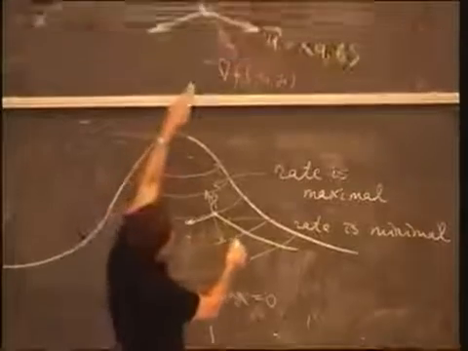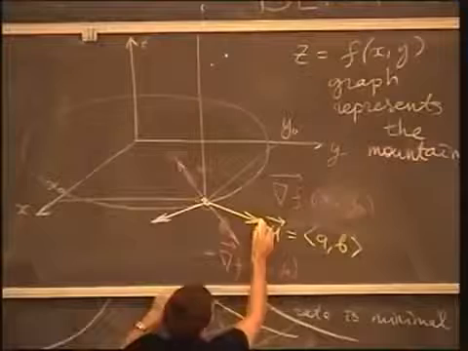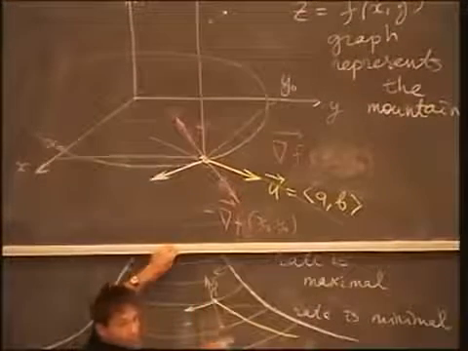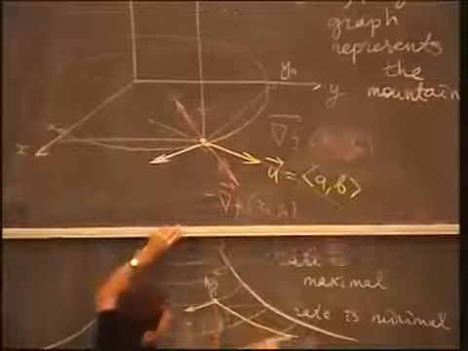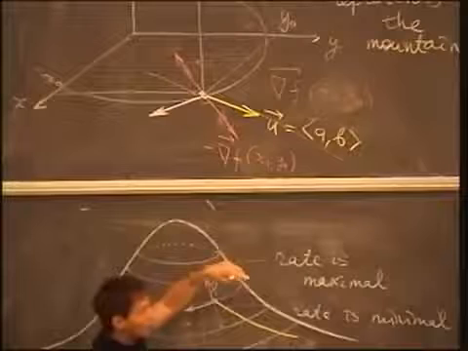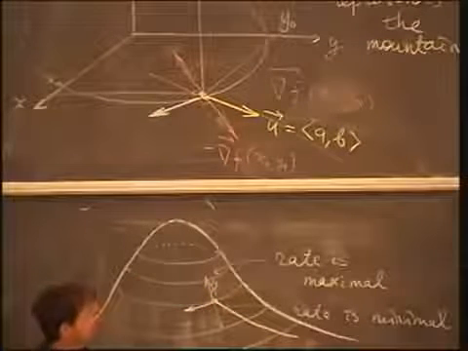So this direction, or more precisely, this line, which contains this vector, will correspond on the mountain to some specific path, which starts at this point and then goes somewhere. Okay? And what we are calculating is just the slope of that curve, of that path.